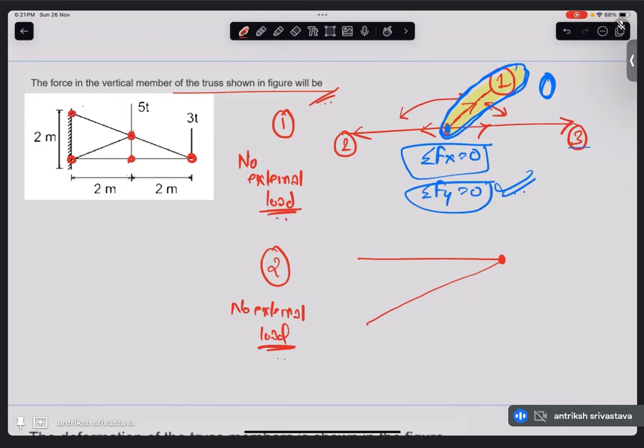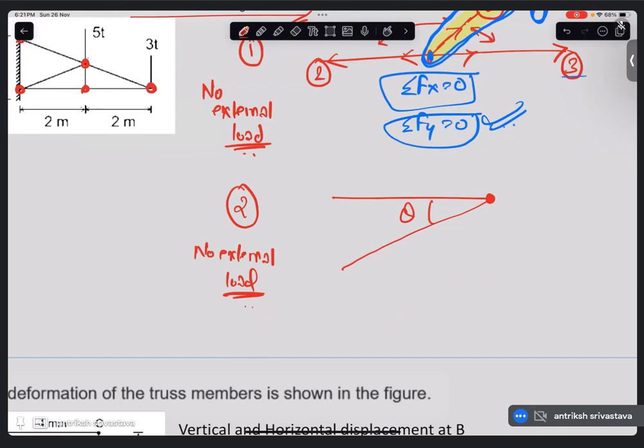Two members are meeting, and the angle between them is between 0 and 180, meaning they are not coplanar, and only two members are meeting at a joint, and there is no external loading. Then the force in both these members is going to be 0, right? Because see, consider this as horizontal and this as at some angle.